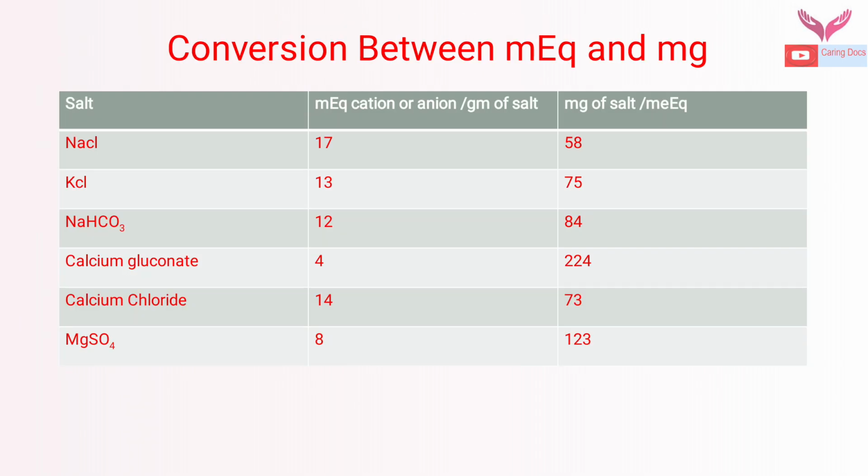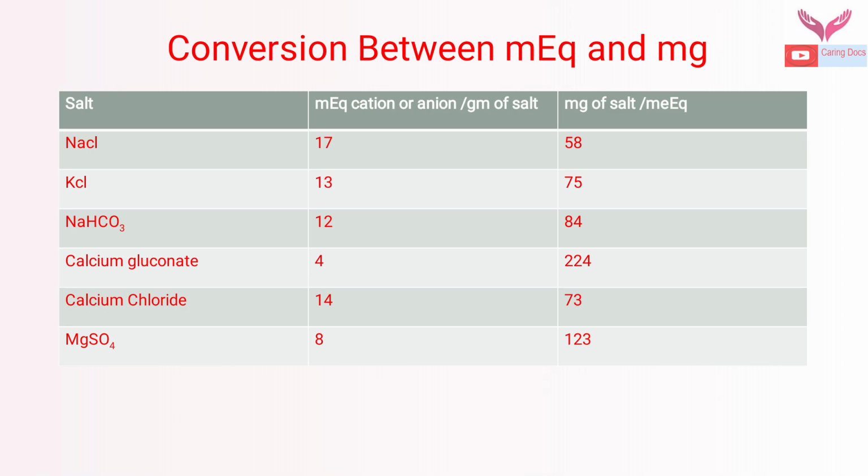Otherwise you can just remember this conversion table. For a salt like sodium chloride, expressed as milliequivalent per gram of salt, it is 17, and milligram of salt per milliequivalent it is 58.